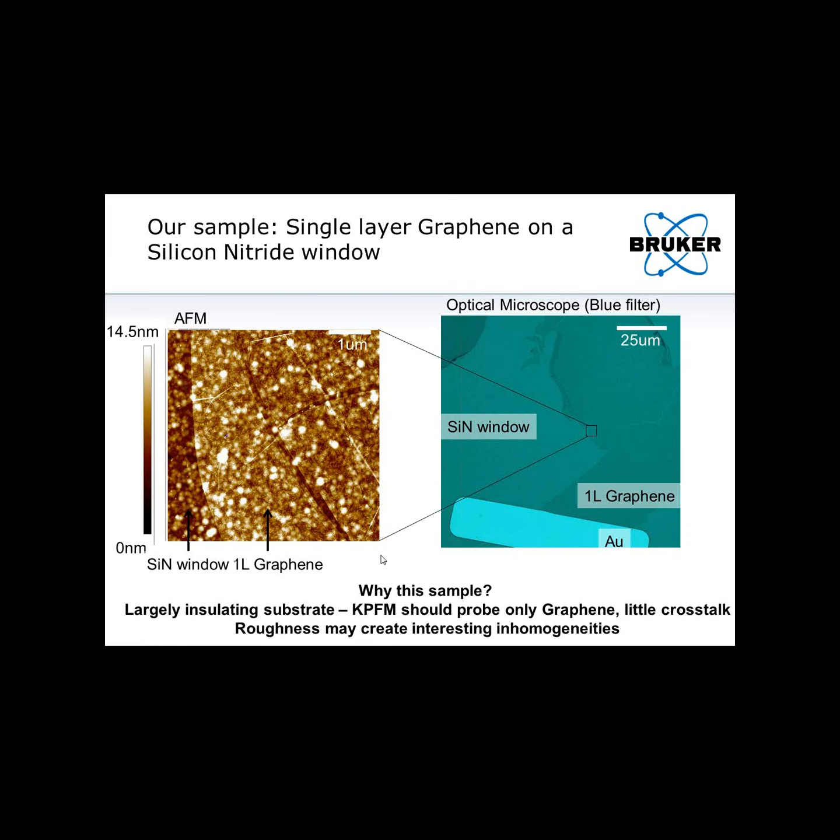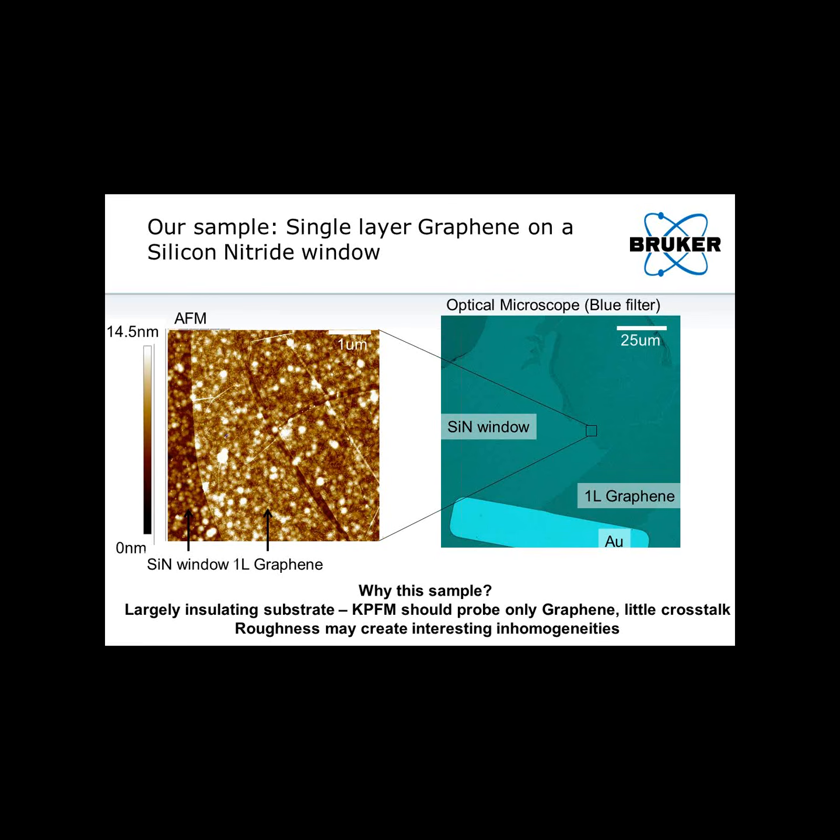So why did we use this sample? One of the reasons is that the substrate is largely insulating. It's a silicon nitride window with nothing underneath it. It's just air underneath. So the idea was that KPFM would then probe mostly graphene. There would be very little crosstalk between graphene and, let's say, some other material underneath it, which might be the case in another sample.